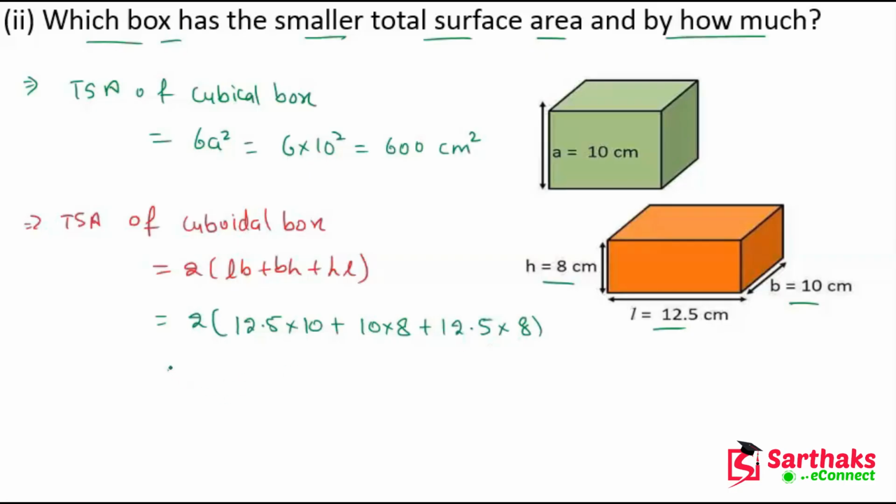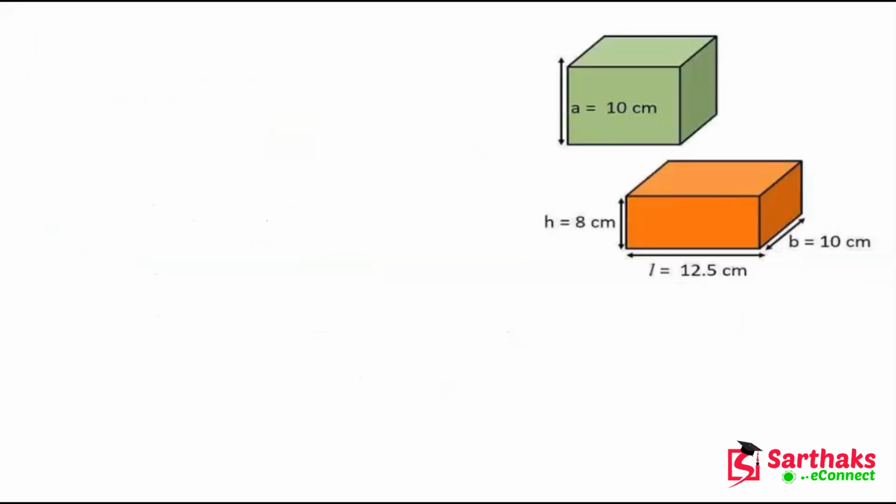After solving this, we get 2 into 305, which is equal to 610 centimeter square. By observing these two values, we can say the TSA of the cuboidal box is greater than the TSA of the cubical box by 10 centimeter square.